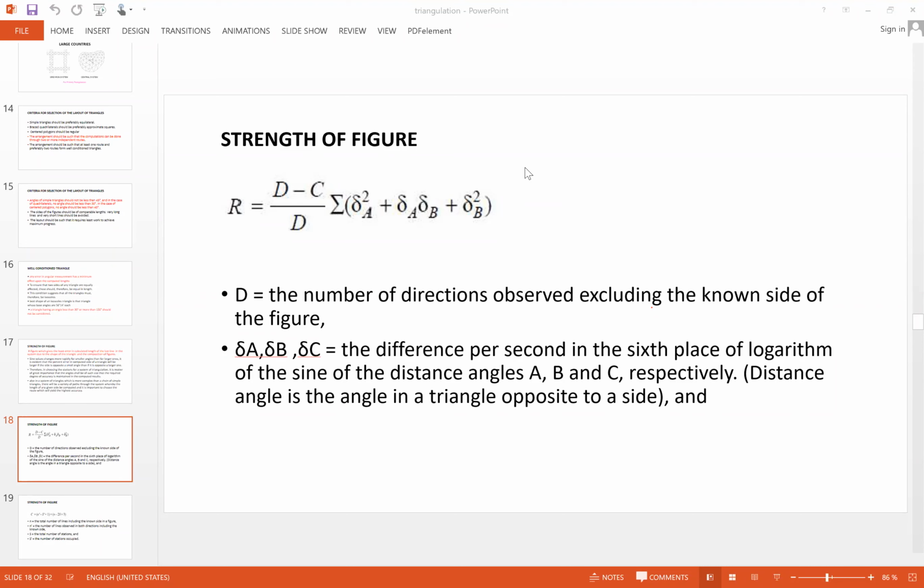So if he told us that he has observed all three sides of the triangle in both directions, then how can we calculate the value of D? That we will see in a while when we use examples. And delta A, delta B and delta C, these values you can obtain from a table that is given below.